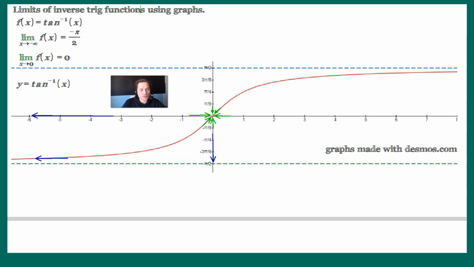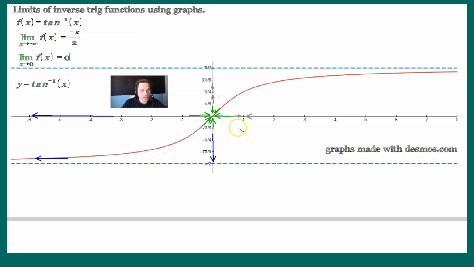Another common limit that we do here is this one. Take a look, for example. I'm going to do this one in gray. When x approaches 1, look very carefully, from the left side, the values of the function approach pi over 4 from below. When x approaches 1 from the right side, the values of the function approach pi over 4 from above.